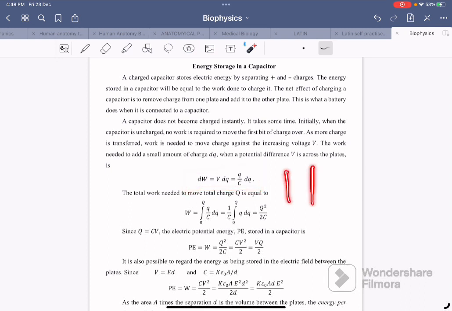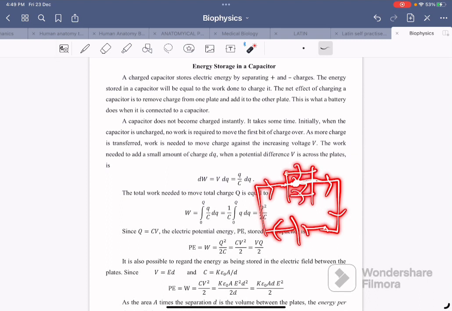So suppose this is a capacitor. If you want to charge the capacitor, let's suppose there is a charge here which can be transferred through this electric field.